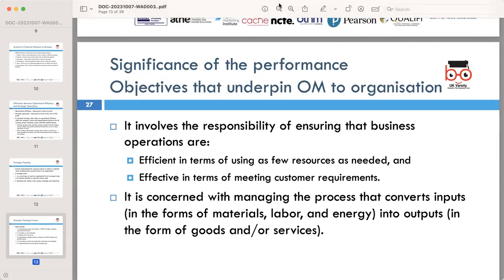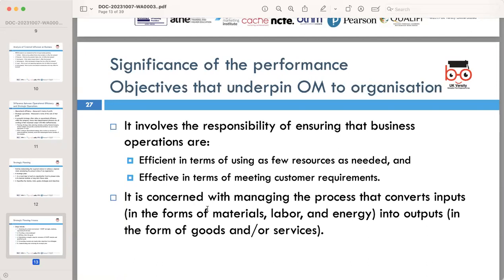Okay, so the significance of the performance objectives that underpin operations management to an organization. It involves the responsibility of ensuring that business operations are efficient in terms of using as few resources as needed, and effective in terms of meeting customer requirements.